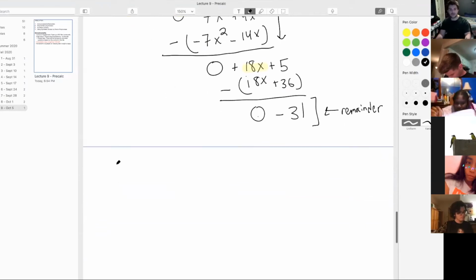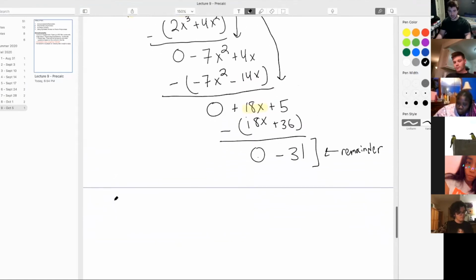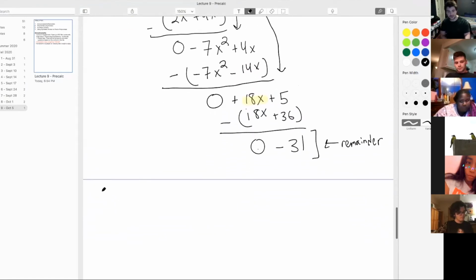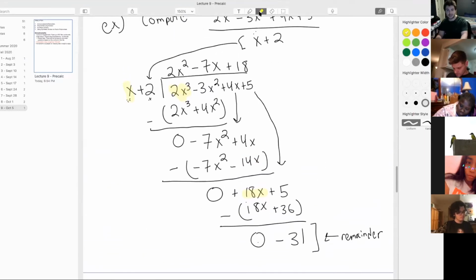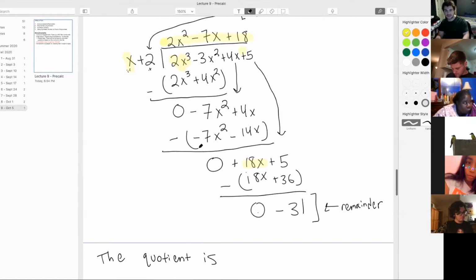Okay, so the final answer to a question like this should be stated as such. This is how you write your final answer. You write the quotient is, and you just go up top here. The quotient will just be whatever is on top of the little box. So it's 2x squared minus 7x plus 18.